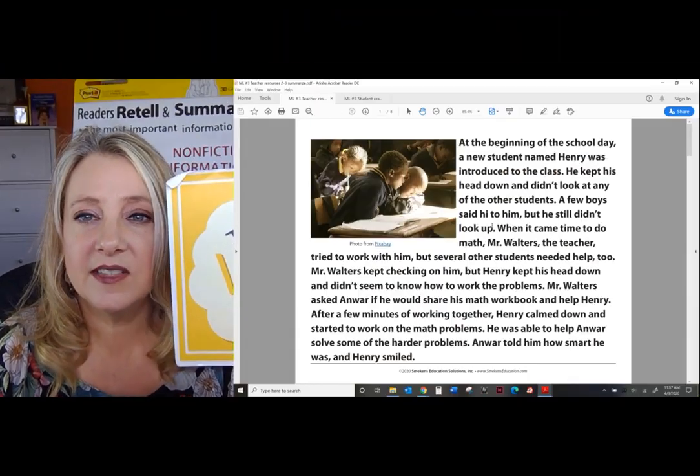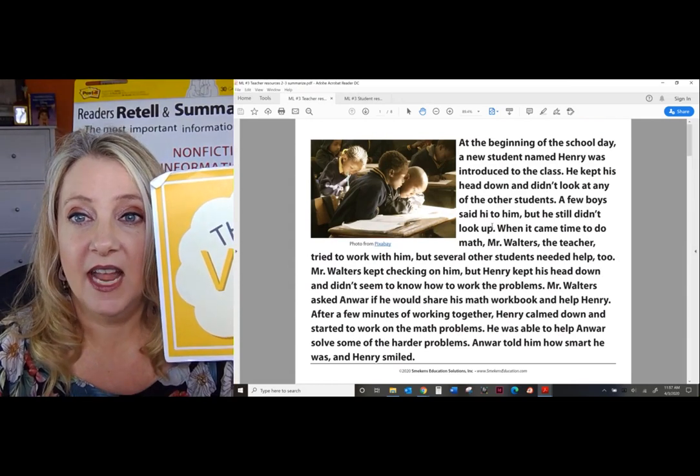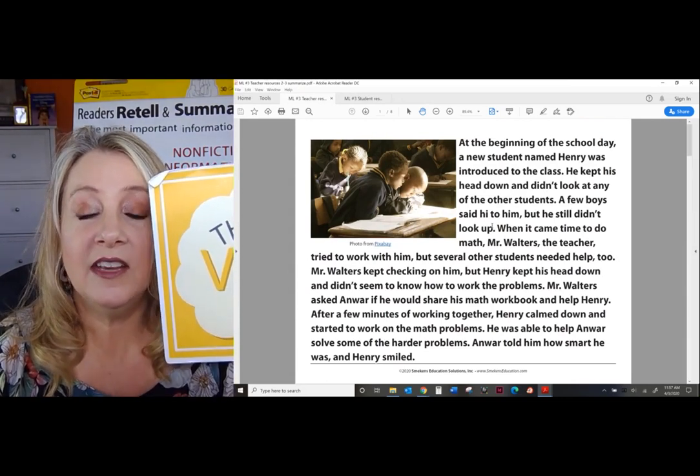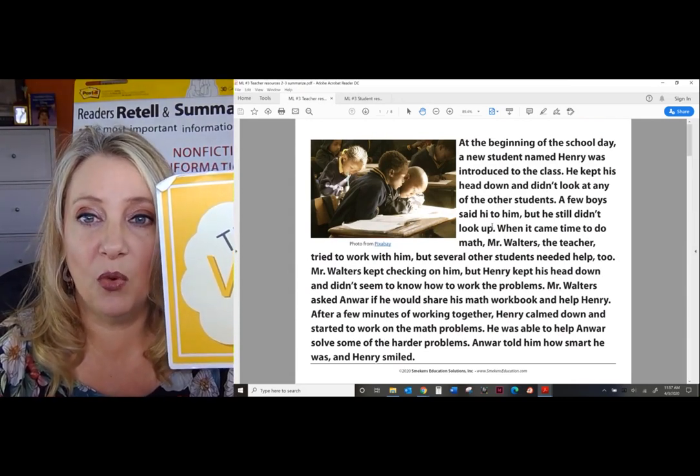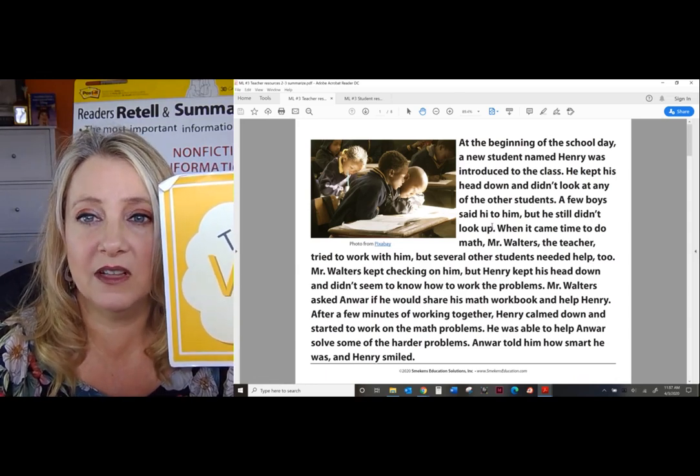And so as I look at it, I'm thinking about, well, Henry's a new student. And so I'm thinking about how that must feel. Scared, alone, even though you're surrounded by people, embarrassed. And it says here that he kept his head down and he didn't look at any of the other boys, any of the other students in the class.